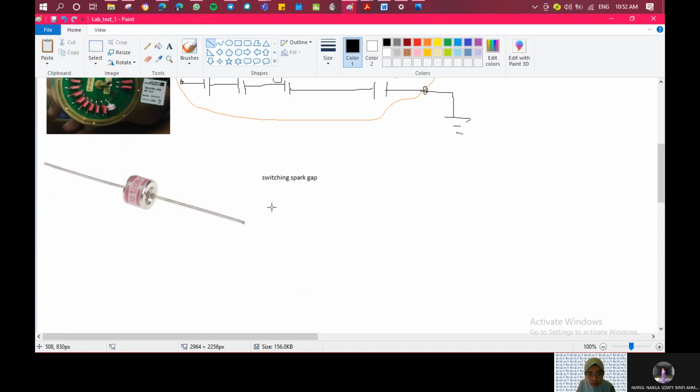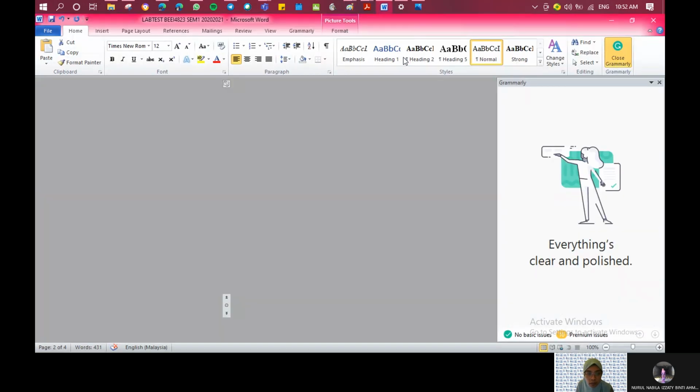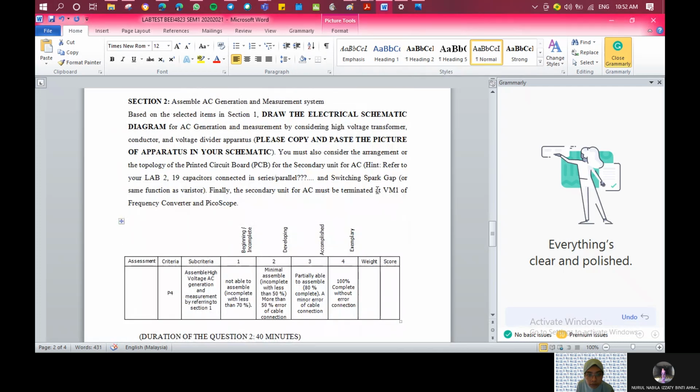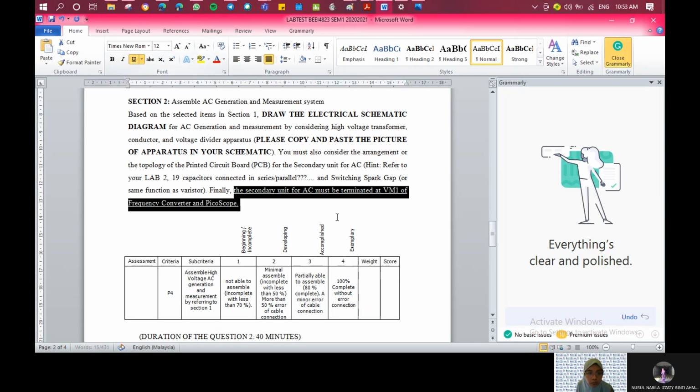Secondary unit for AC must be terminated at VM1 or the frequency converter.